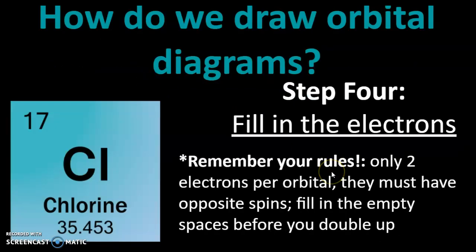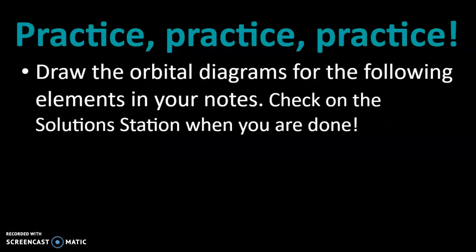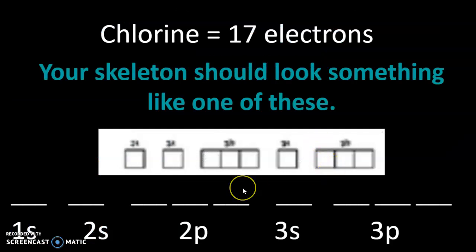Step 4 is just going to be filling in the electrons. And remember the rules, only 2 electrons per orbital. One way you can always check is whether the total number of arrows matches the number of electrons in chlorine. To check yourself, you should have an arrow going up and down, arrow going up and down, up, up, up, down, down, down, up, down.